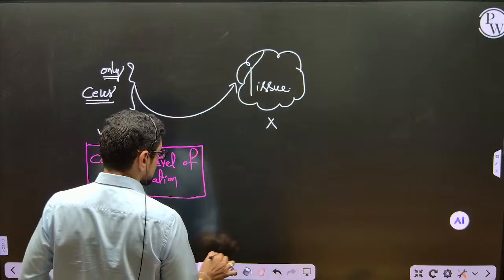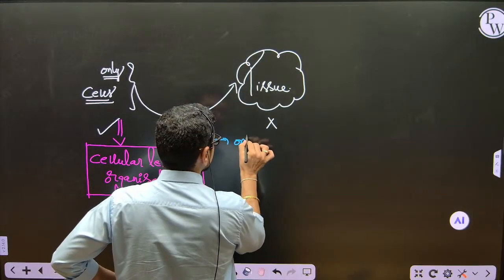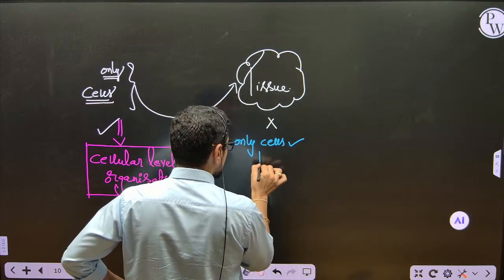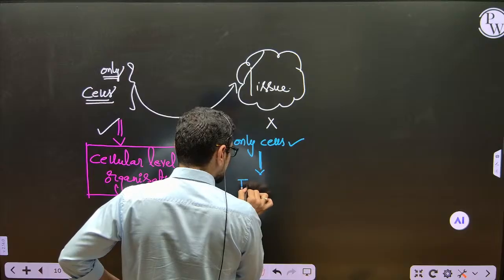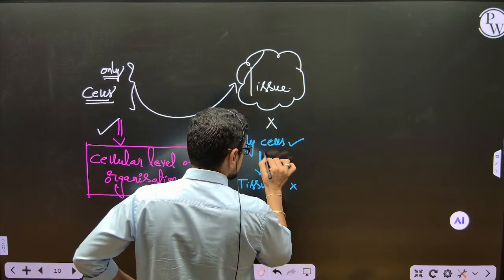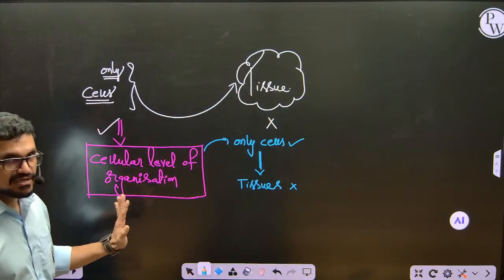What is cellular level of organization? It means that during development only cells are present; the concept of cells combining to form tissue is not there. So tissue is absent, cells won't combine to form tissues, only cells are present.